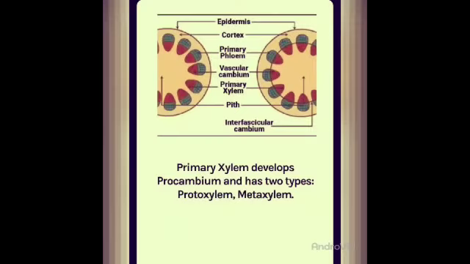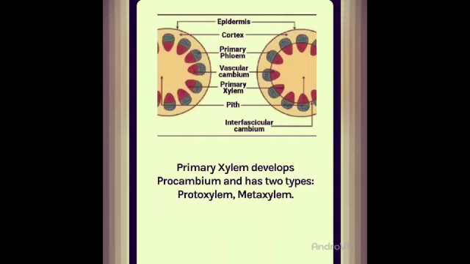Here you can see the dark blue color is primary phloem and the dark red color is primary xylem. In between the primary phloem and xylem a vascular cambium is present, and in the center pith is present.